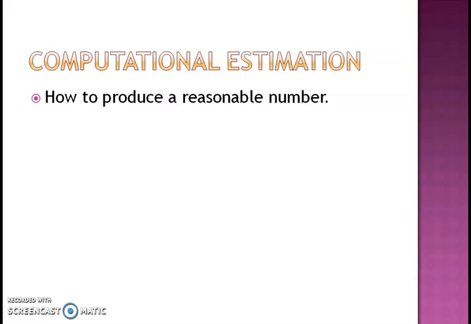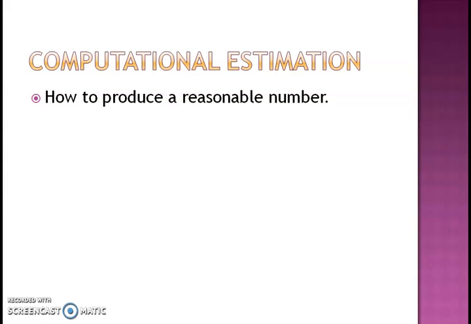Computational estimation, how to produce a reasonable number. Computational estimation is the ability to produce an approximate result that will work for the situation. This is stated in our text. Computational estimation requires higher level thinking.